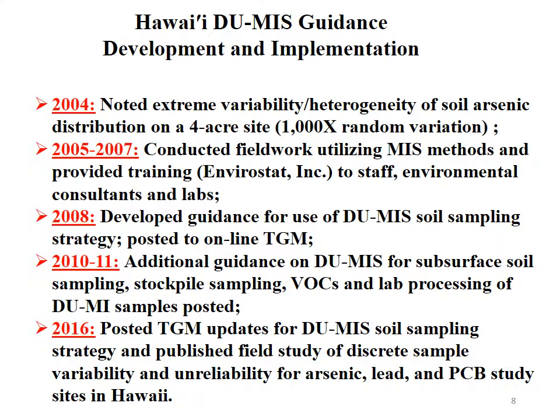Then in the following years, through 2010 and 11, we posted up additional guidance providing more details on subsurface soil sampling procedures using DU MIS, stockpile sampling, the special issue of VOC sampling, and lab processing of DU multi-increment samples.